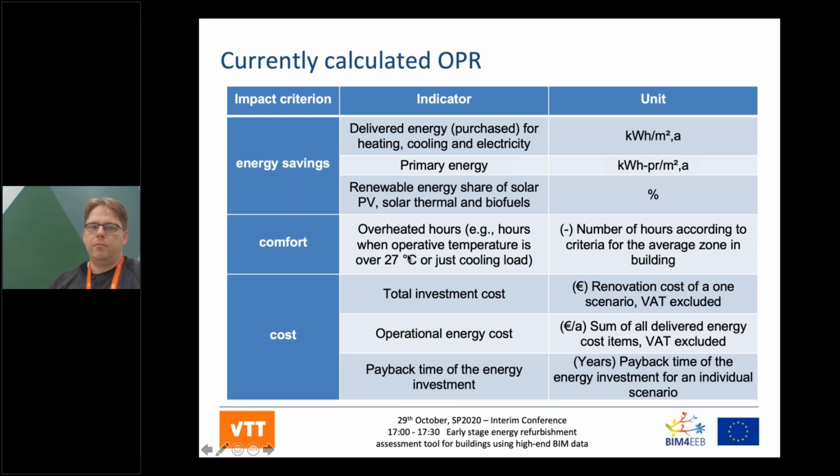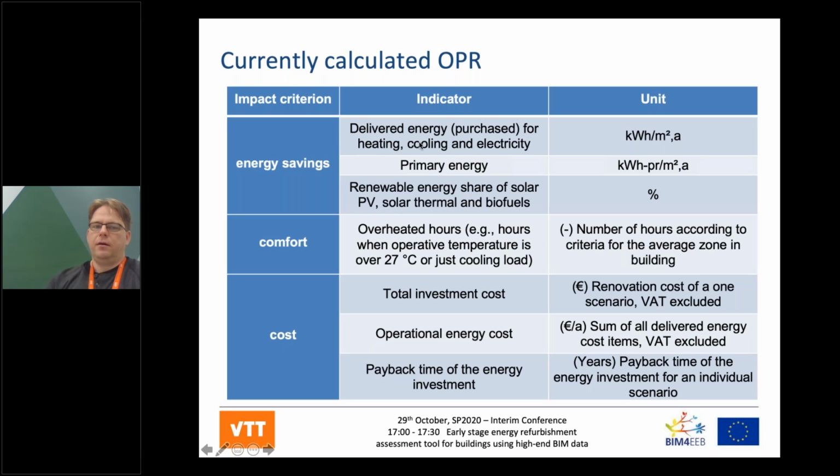These are the currently calculated OPRs. There could be also something else, but we started with energy savings, comfort for the occupants, so overheating is currently calculated, and then these different costs, of course.